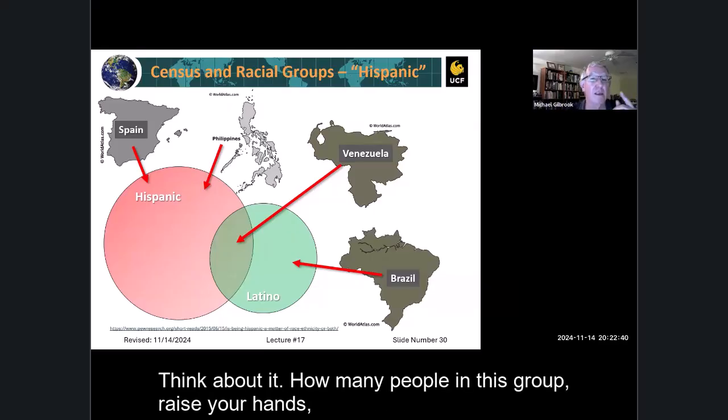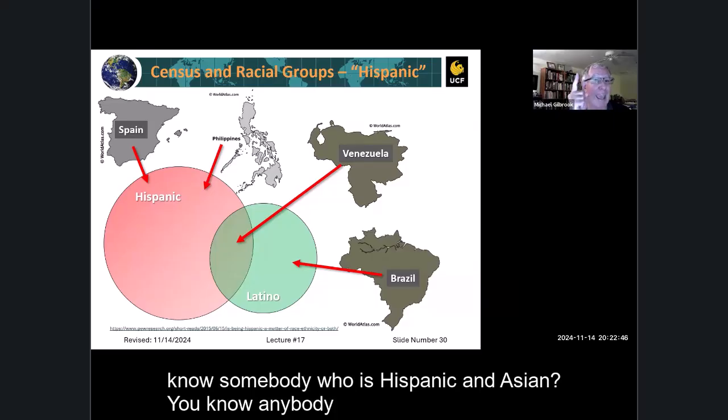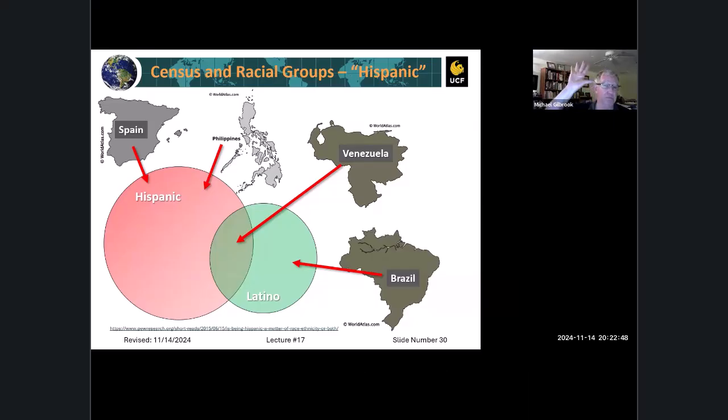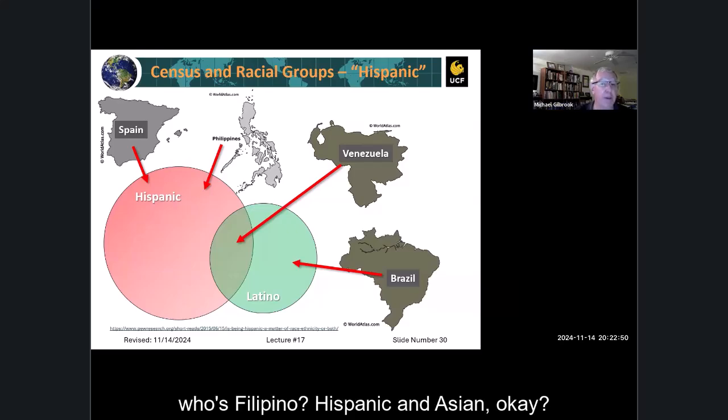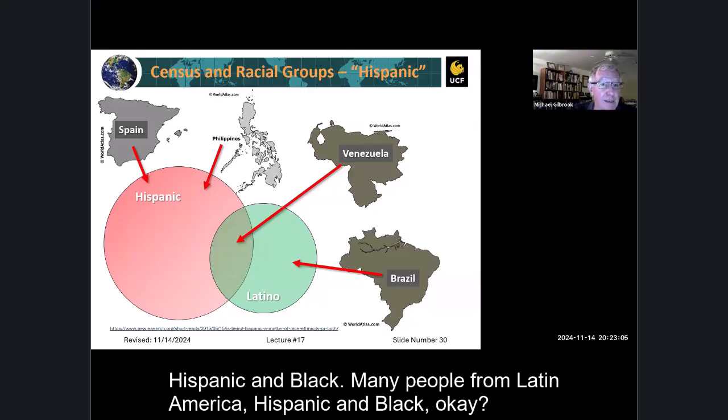Think about it. How many people in this group, raise your hands, know somebody who is Hispanic and Asian? You know anybody who's Filipino, Hispanic, and Asian? Okay. You know anybody who's Hispanic and Black? People from the Caribbean, Hispanic and Black.